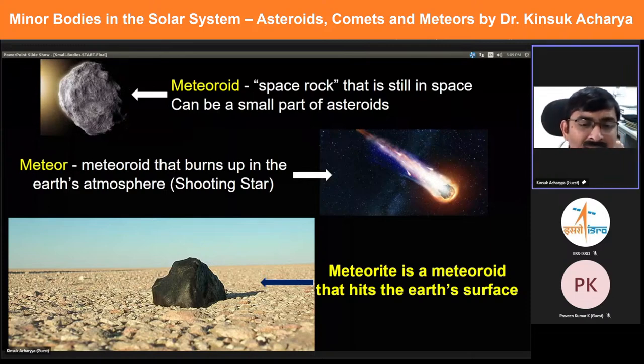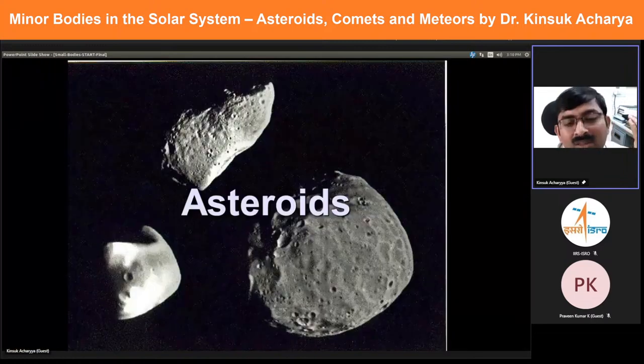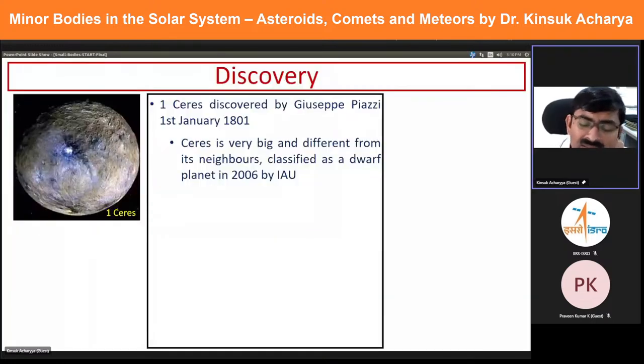So now let us know about asteroids first. In the early 19th century, there was a huge race to discover new planets, and in the event, big asteroids got discovered. The first asteroid discovered was Ceres.